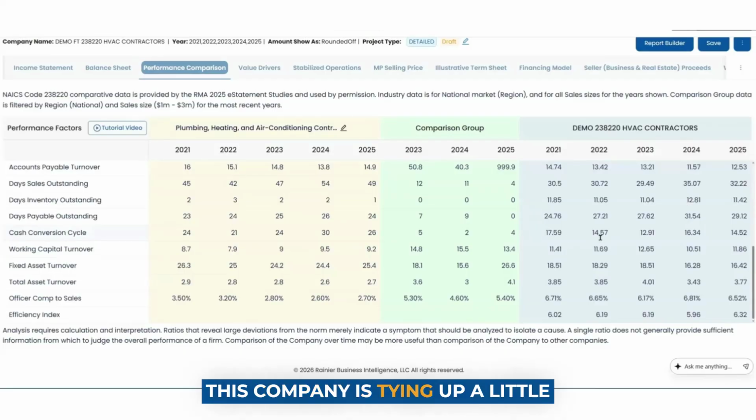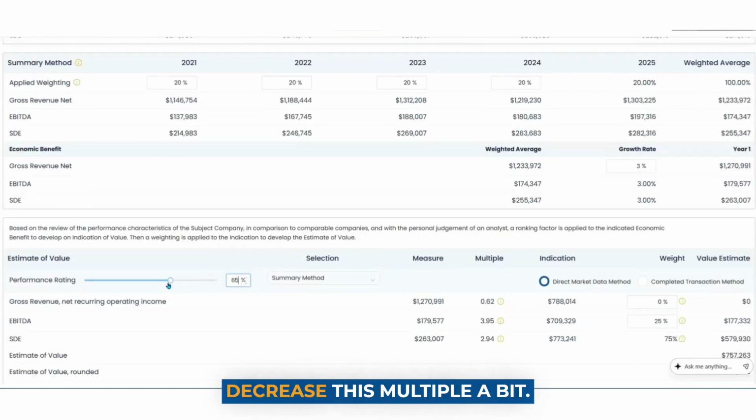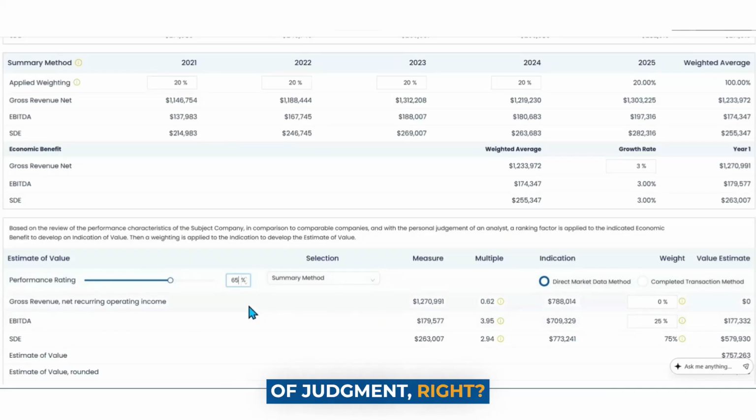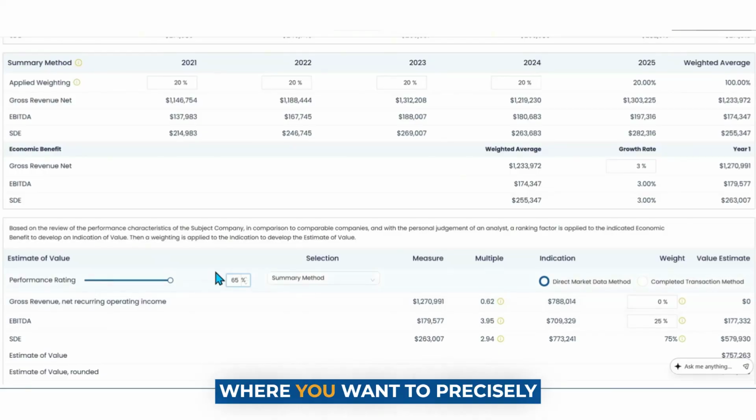This company is tying up a little bit more capital, not quite as much as the industry is, but more than the comparison group. So this company is requiring more capital to operate than my comparison group does. Therefore, I'm going to decrease this multiple a bit. And that's the art of judgment, right? So based on your knowledge and experience, it will help you understand where you want to precisely set these indicators.